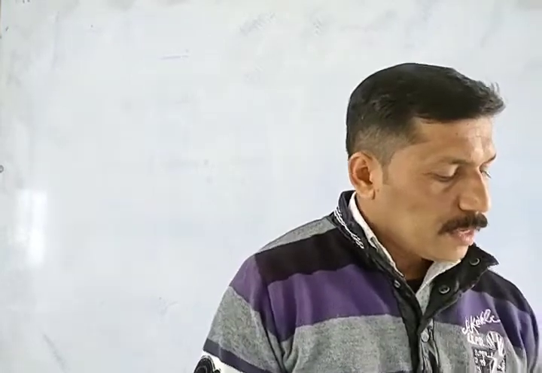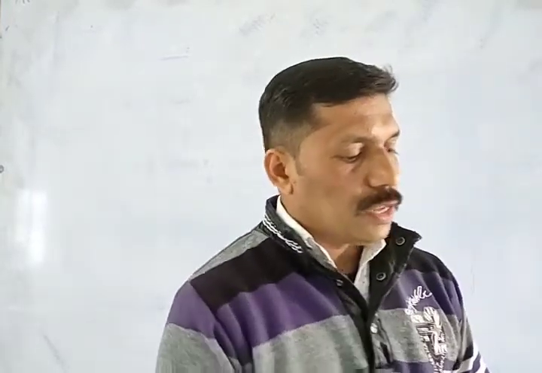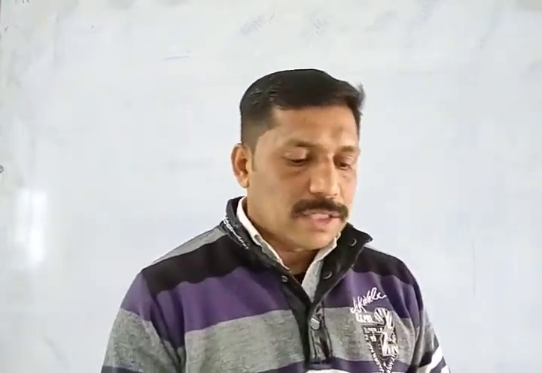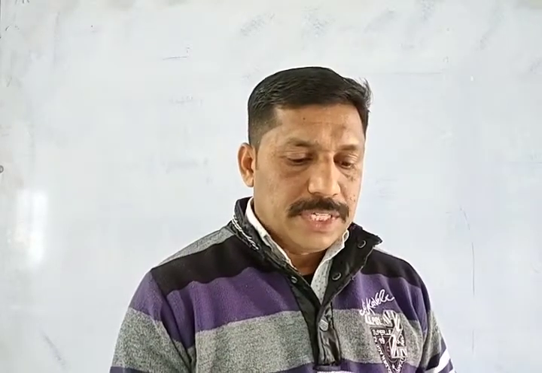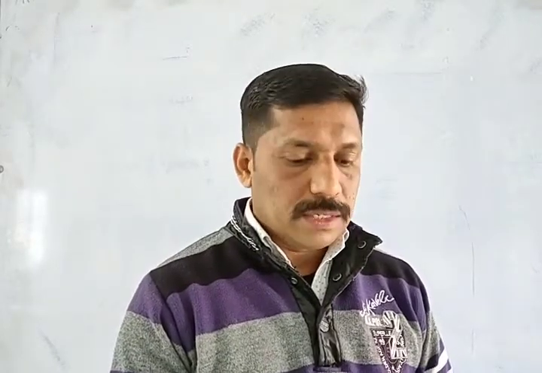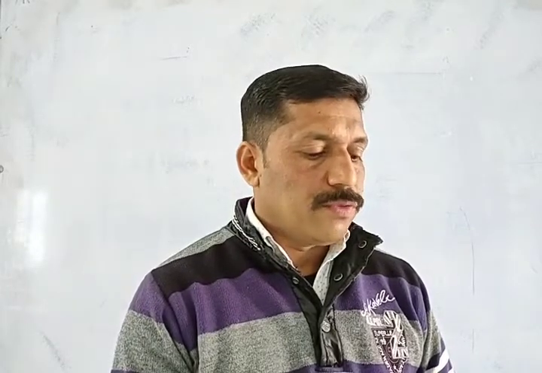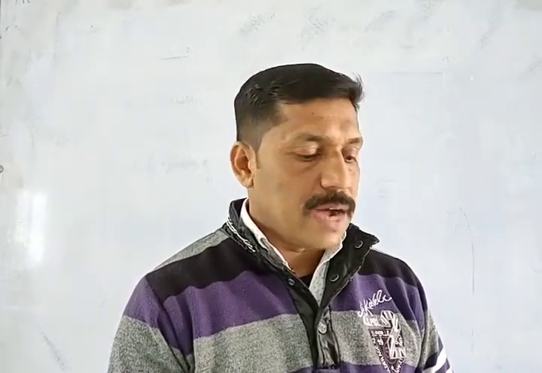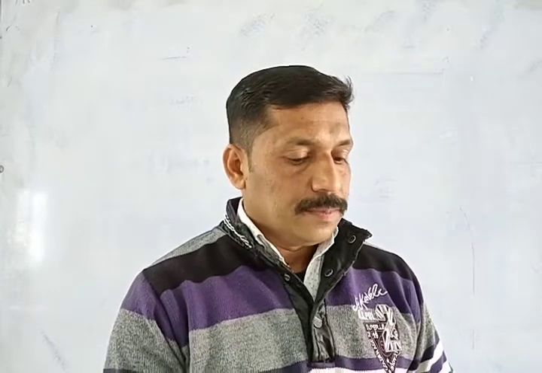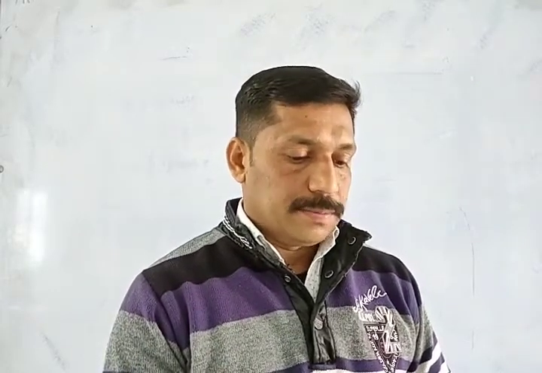Students, question number 7 is a homework for you. Find the total surface area and lateral surface area of a cuboidal box which is 3.5 meter long, 1.5 meter broad and 2.5 meter height. Length, breadth and height of the cuboidal box is given.